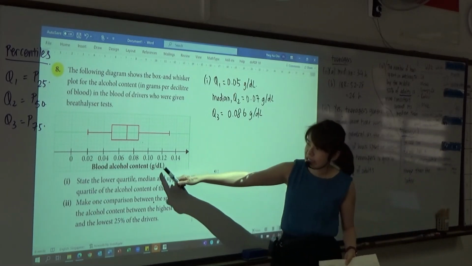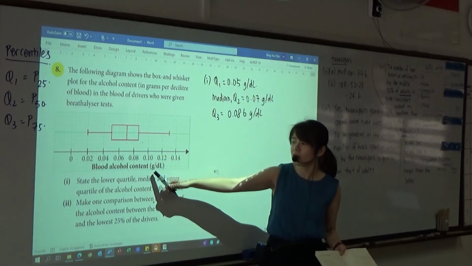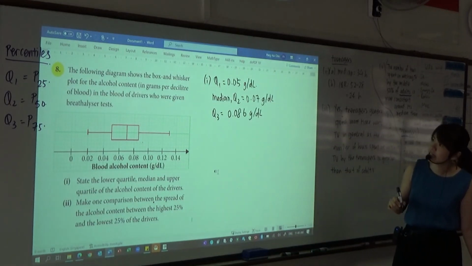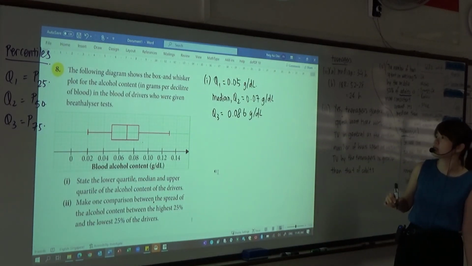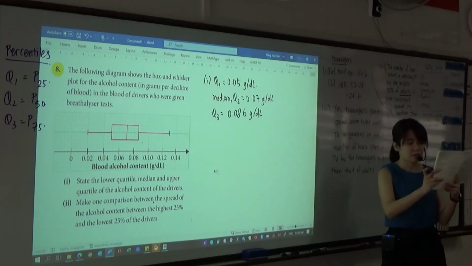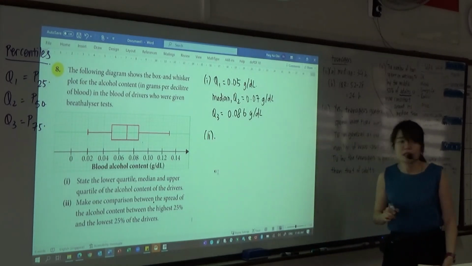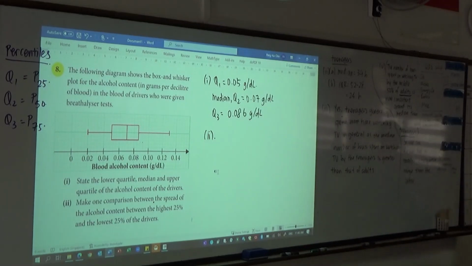So our data is actually about the blood alcohol content, and that is measured by this unit, gram per dl, that's deciliter of blood. Okay. I want us to pay attention more on the part 2 of the question.